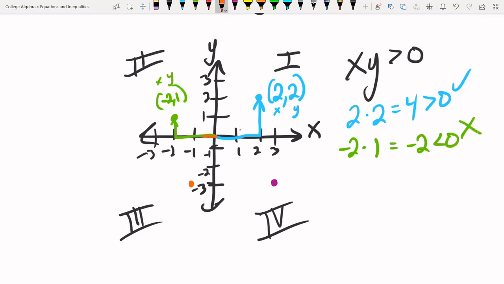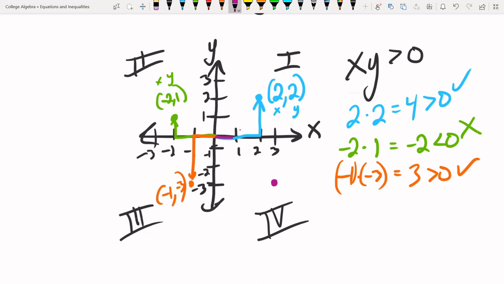Orange, x first, then we go down to y. We have (-1, -3), not -2, -3. X times y equals 3, which is greater than 0.